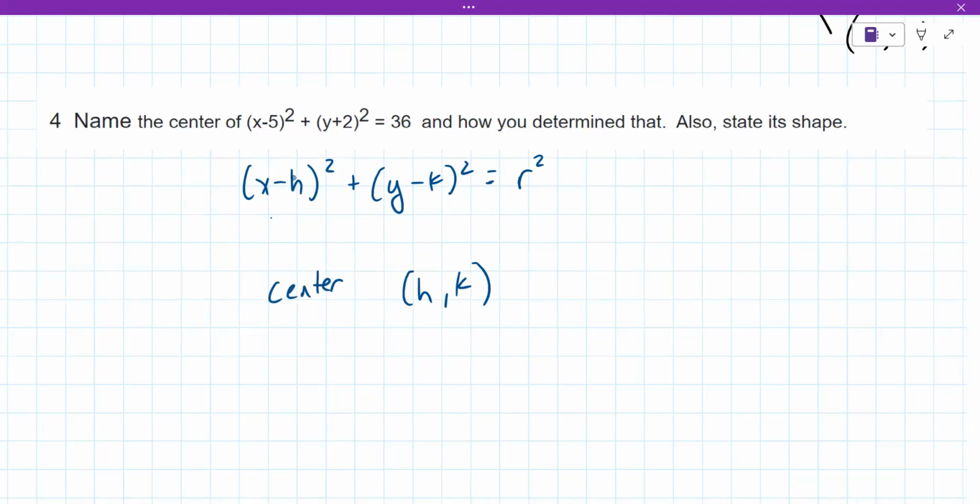Could you look at your graph and tell me where the center is? Just looking at your graph, where's the middle of it?